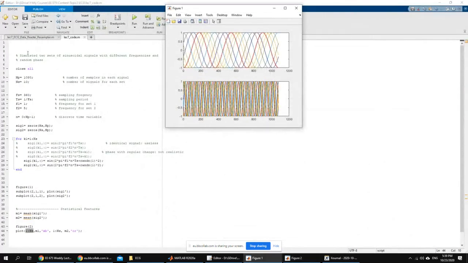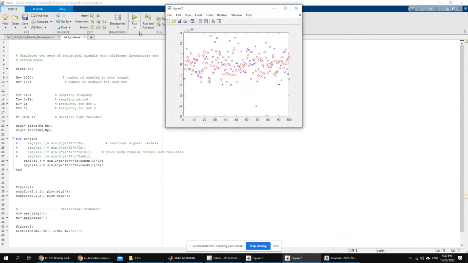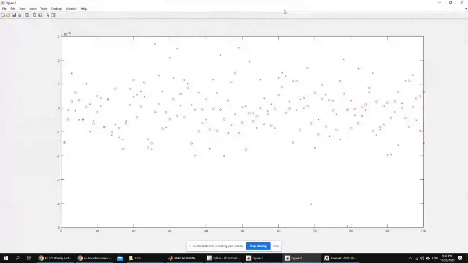What we can do is probably increase the number of samples here to 100 so that we can see it a bit more. How do you like it this way? Can you see a separation between the X's and the circles? Can you see that one type of samples can be discriminated from the other based on something like this?